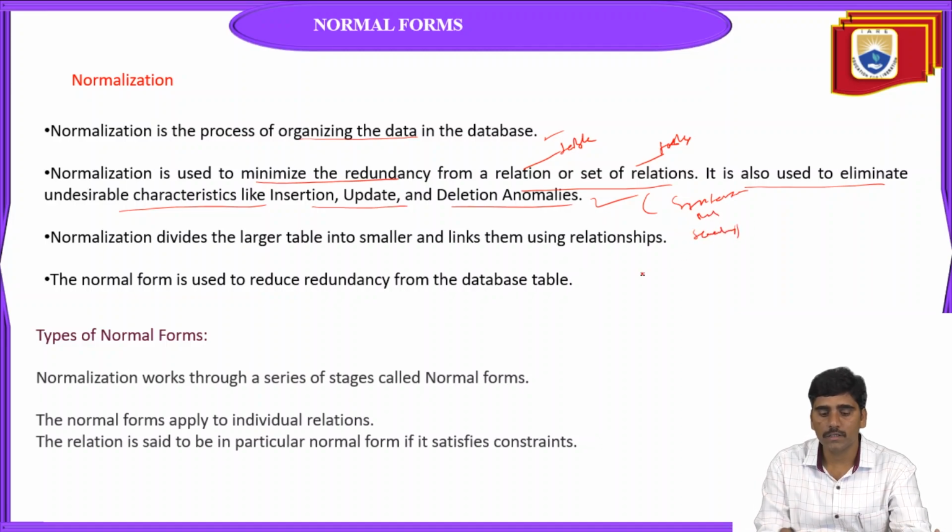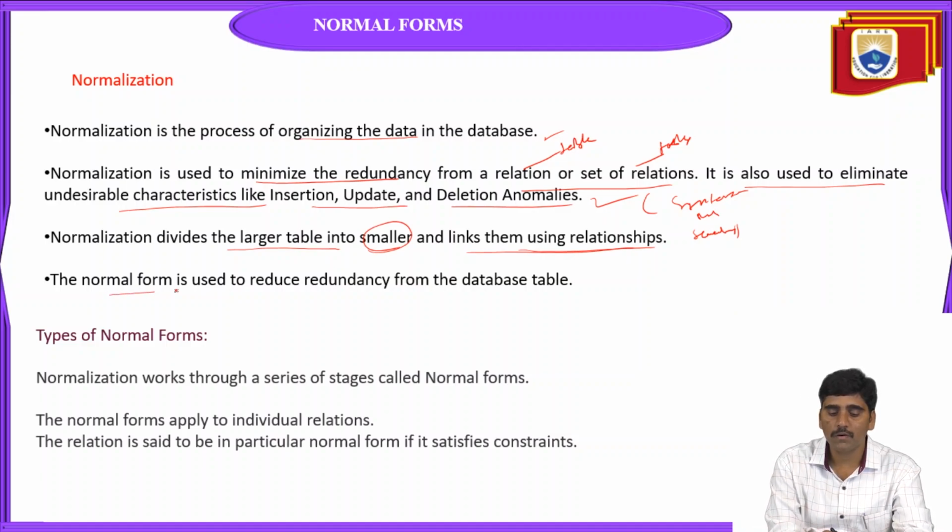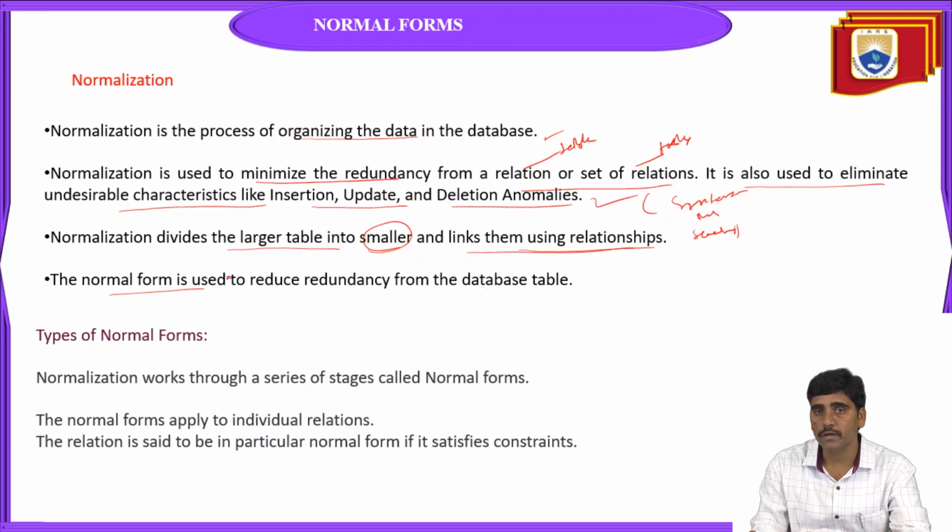And normalization divides the larger table into smaller tables and links them using relationships. The table is divided into smaller tables, that is nothing but decomposition, and then links them using some sort of relationships. So here the normal form is used to reduce the redundancy from the database table.